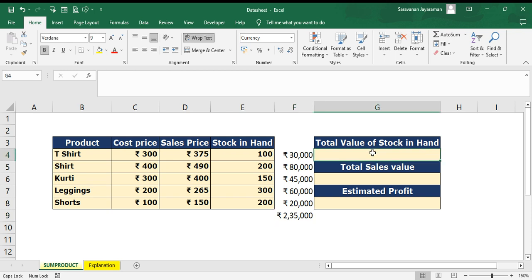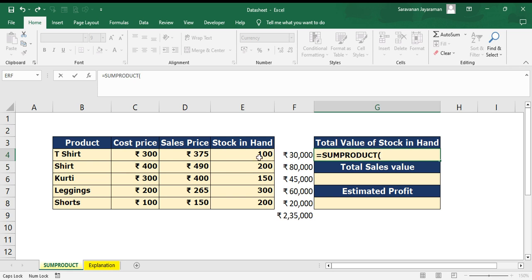But with this formula, you can easily calculate this. How? Let's see. Equals SUMPRODUCT, open the bracket. The first array would be our cost price, comma, the second array, the second column.